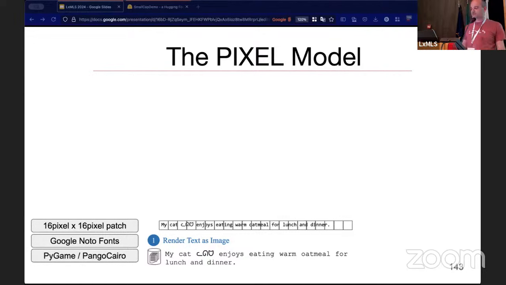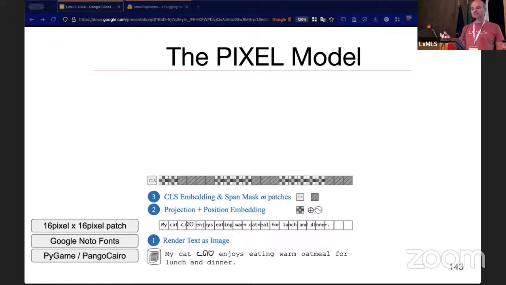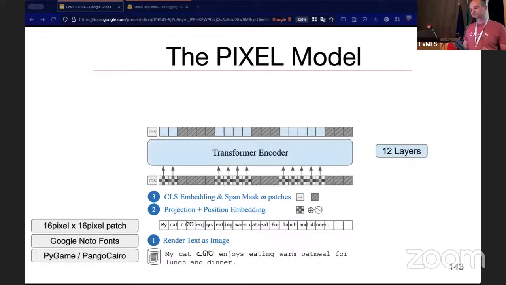So you're thinking already it's a vision transformer. From there, we project these patches using a convolution layer with position embedding information. And then we do span masking across random subsequences of patches because we want to be able to process any language, so we can't rely on white space separation anymore.